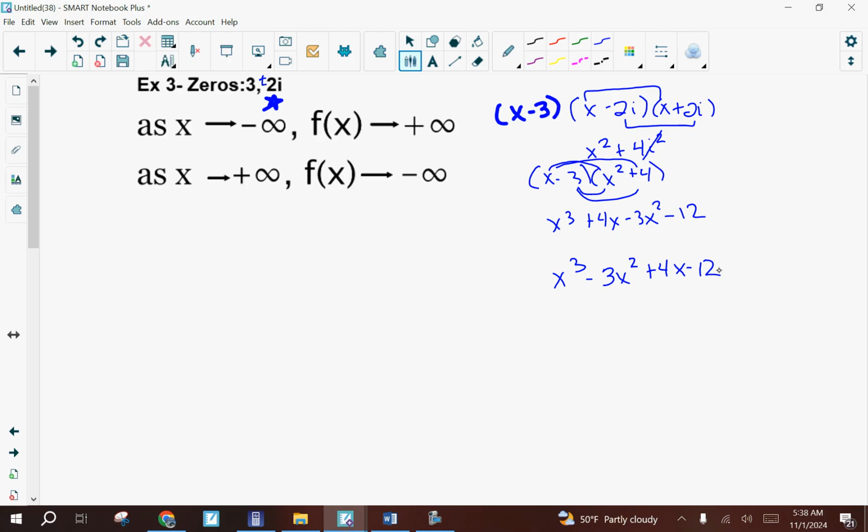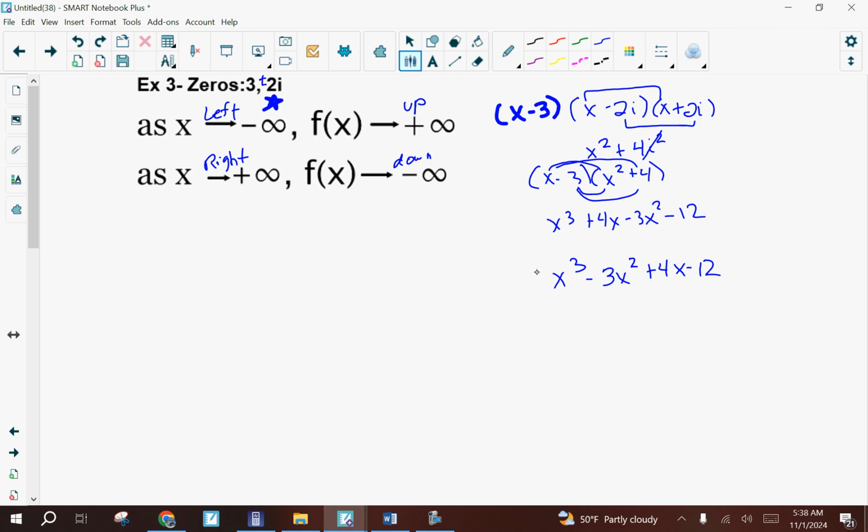Now it looks like we're done, but not really, because we have to go back and make sure the end behavior is correct. So this one says as x approaches negative, so that's the left side, it's pointing up, and this one is saying the right side is pointing down.